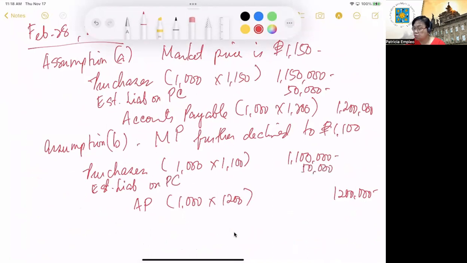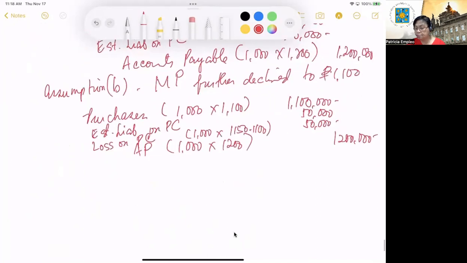And because there was a further decline of this 1,000 units from 1,150 to 1,100, then there is additional decline of 50,000. So for this 50,000, you record additional loss on purchase commitment for 50,000. So if there is a further decline, then in the subsequent period, in the period of actual purchase, you are to record additional loss.